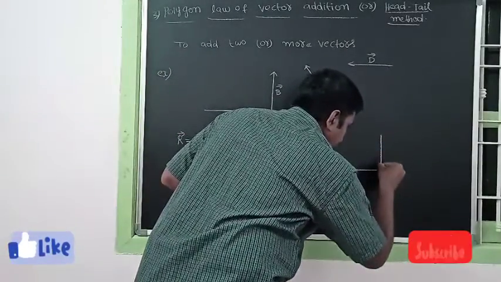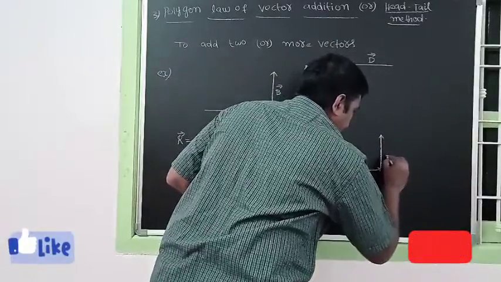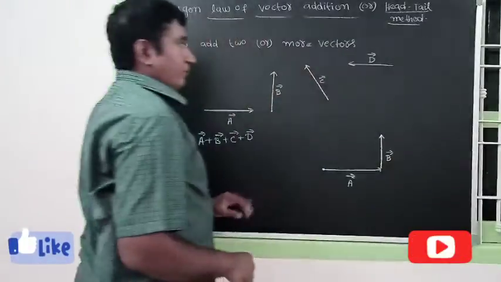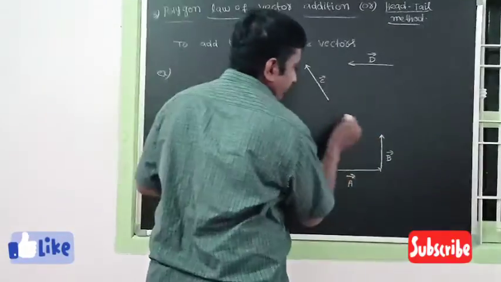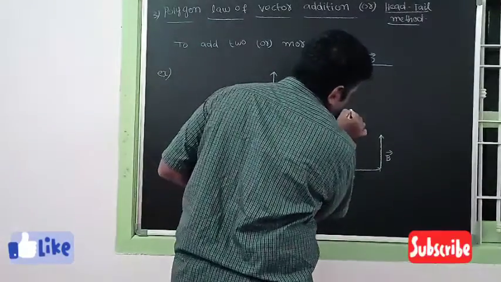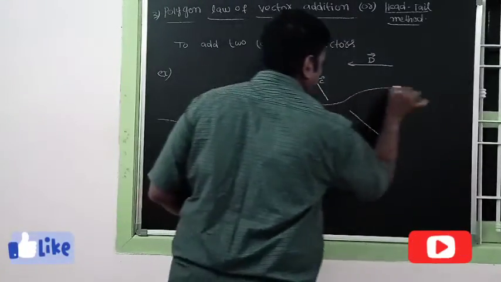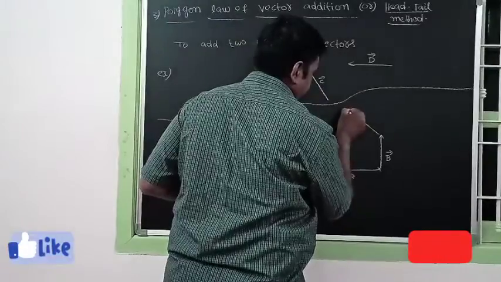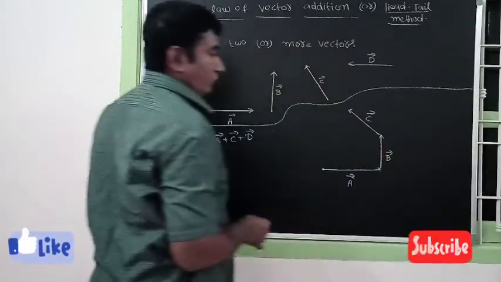So approximately this is the B vector. And the next one I should add is C. So this is a head, this is a tail. I can take it like this. This is the C vector, which I should join.